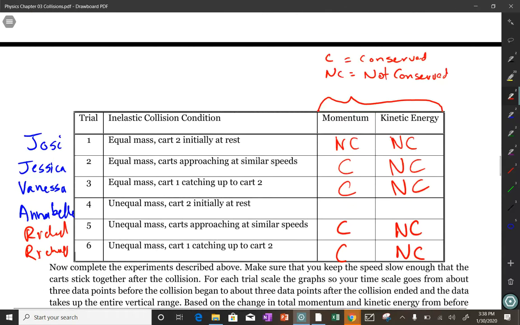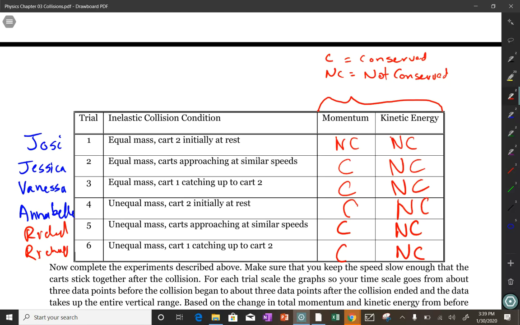Are you talking about this one? Yeah, what was yours for that one? CNC. CNC for both. Okay, I need to finish my question.